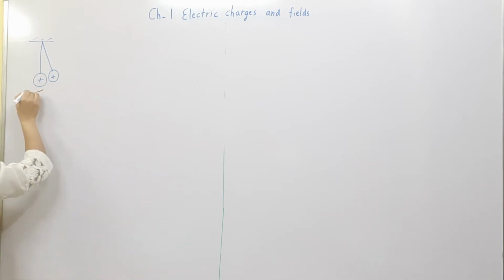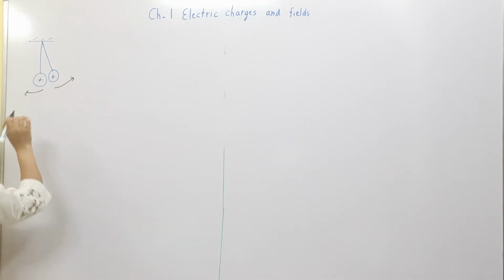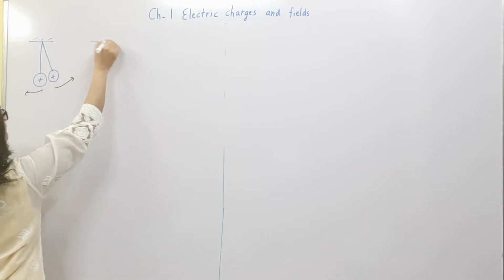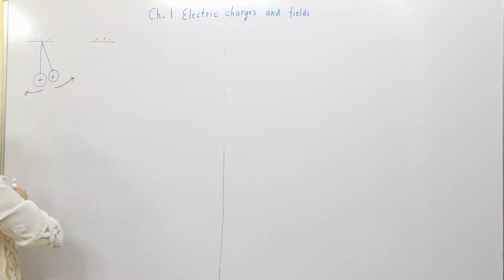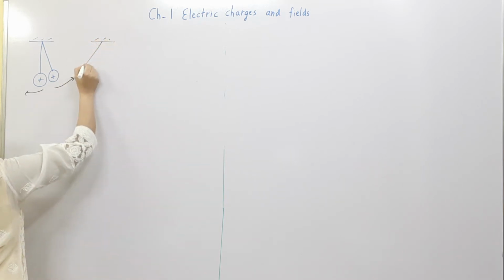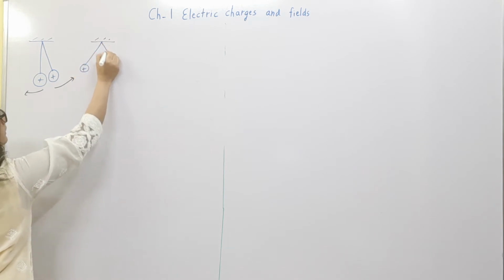So these will try to move away. So what will be the case? These will repel each other.